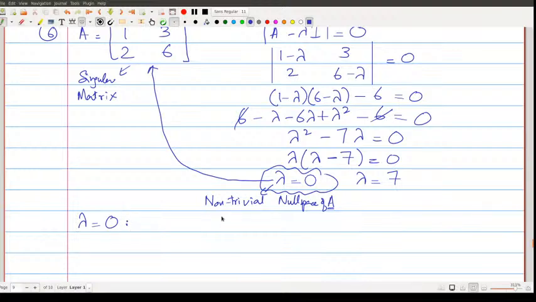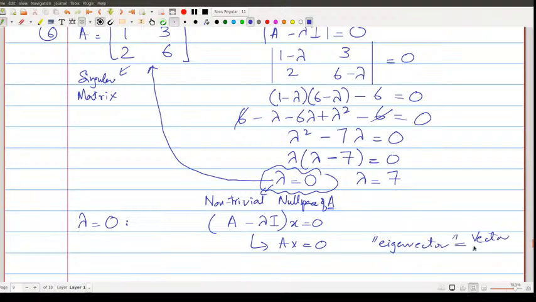If I do (A minus lambda I) x equals 0, since lambda is 0, you're just solving Ax equals 0, which means the eigenvector is going to be a vector in the null space, right? The line that disappeared over here is actually the line that is in the null space. So when you solve it for lambda equals 0, you're just solving the equation of the null space, and you can do that, right?